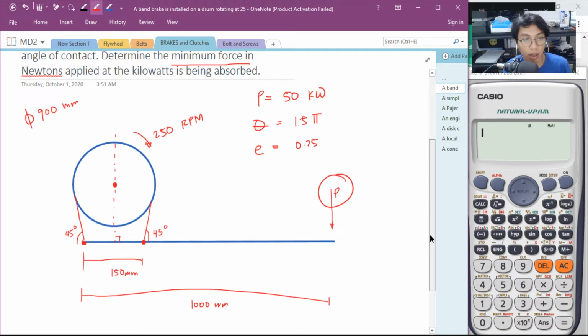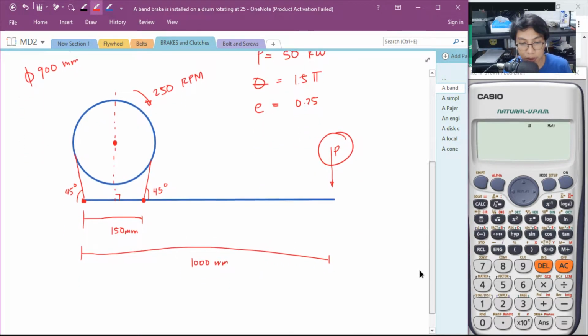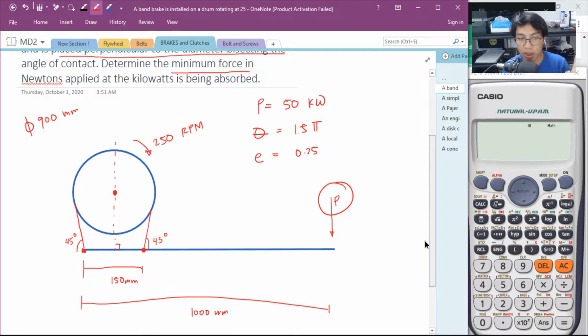Now, ang hinahanap natin dito is the force applied. So, kailangan masolve mo muna si F1 and F2, the slack side and the tight side. So, ang tight side mo dito is here. Kasi pag pinull nyo yan, okay, tama ba? F1 and F2. Pinull nyo yan, the tight side, slack side.